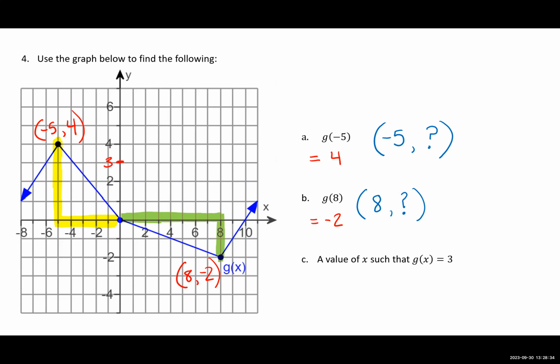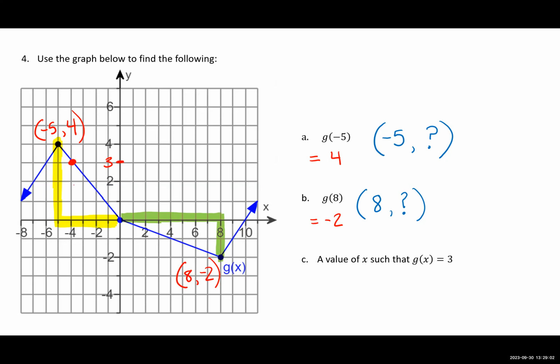So if we go over to the graph, there's a point right there, but if I zoom in, it doesn't look like it's exactly 4, but I meant to have that graph exactly on the 4, so let's just say there's a point right there.